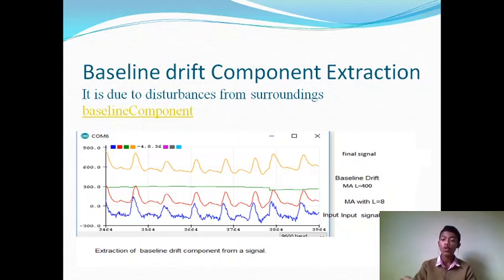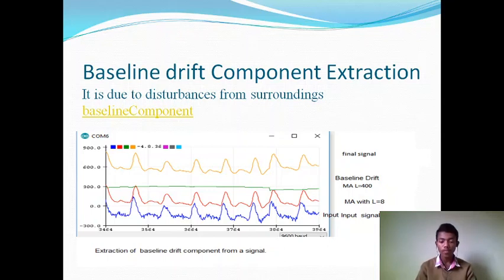That particular low frequency component, that DC or baseline component, which is low frequency, is called drift. To get the exact PPG or exact ECG signal, you need to remove that baseline drift component from the received signal.